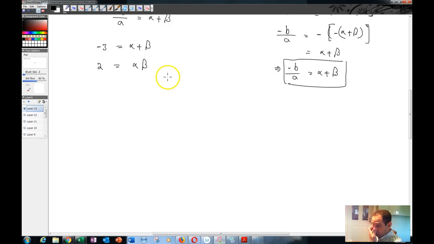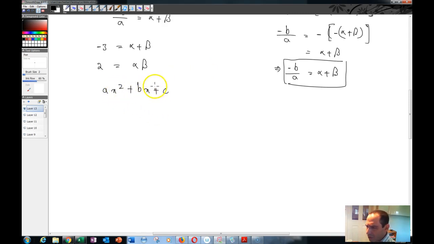Now, the way that you can solve this problem, I'm just assuming that I have a quadratic polynomial in the form ax squared plus bx plus c, and how can I basically solve this problem?